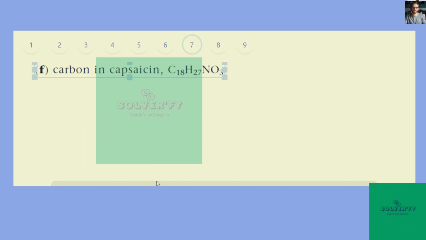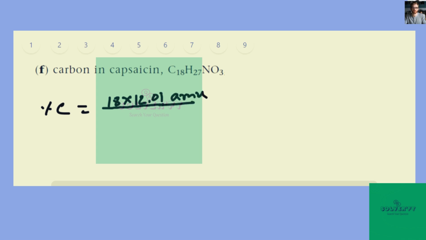And then finally we have to find carbon in this compound. Percent of carbon will be equal to, since we have 18 carbon here, we place 18 times carbon's atomic weight, 12.01 amu.